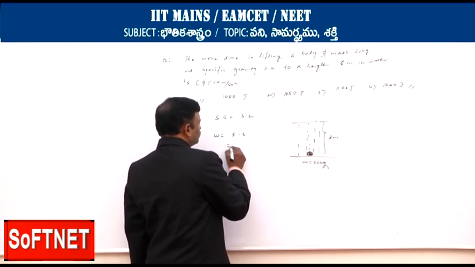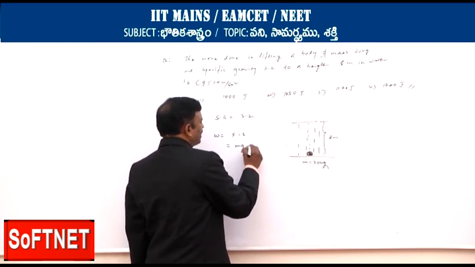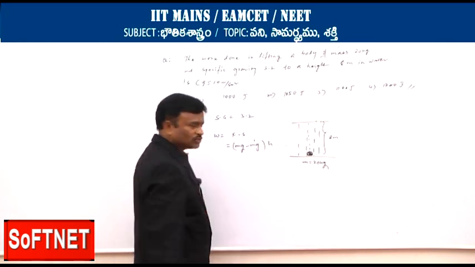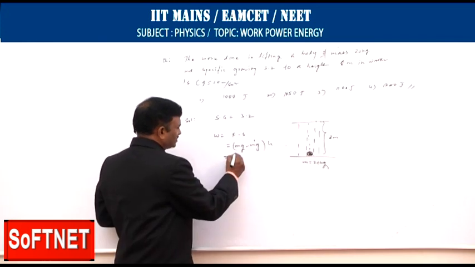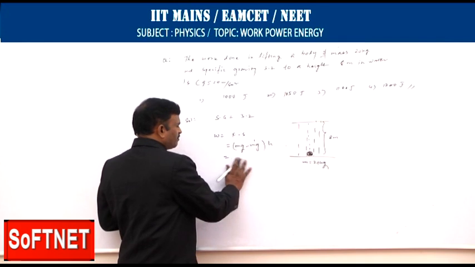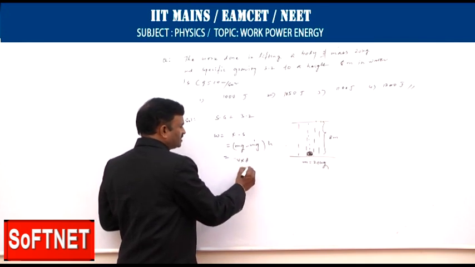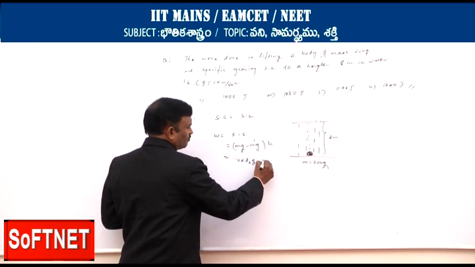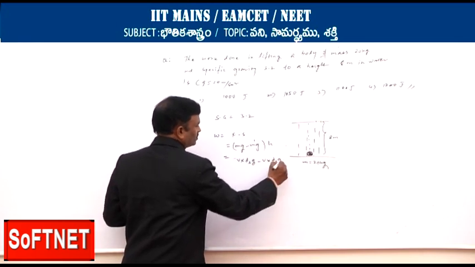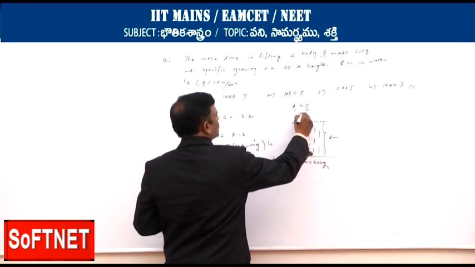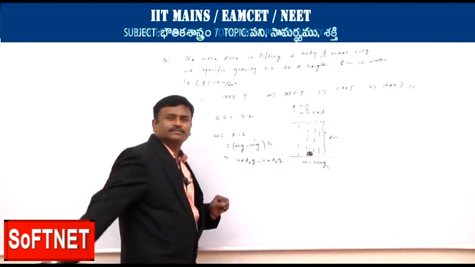So work done is equal to net force, mg minus m dash g, into s. S is h. The mass of the body is equal to volume into density of the solid into g, minus volume into density of the liquid into g, because density is mass by volume, so mass equals volume into density.